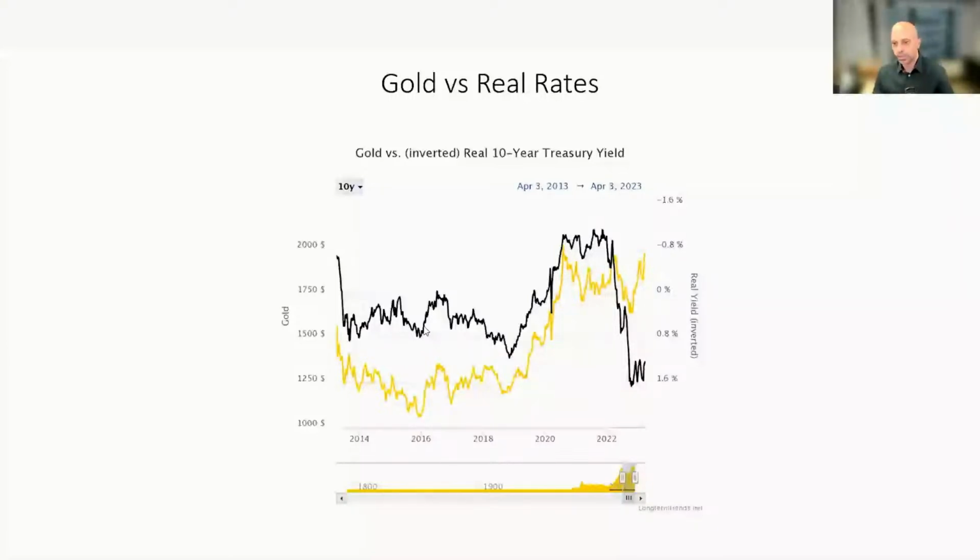This is because as real rates become less positive, heading to neutral and finally negative, gold serves as a better hedge against inflation. This is when investors, central banks, and other players will start to buy gold.